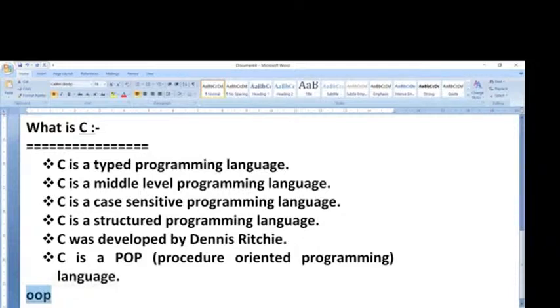Before C++, we have POP languages. In C, we give more priority to procedure. In C++ and Java, we give more priority to objects. Object means elements. So C is a procedure oriented programming language.